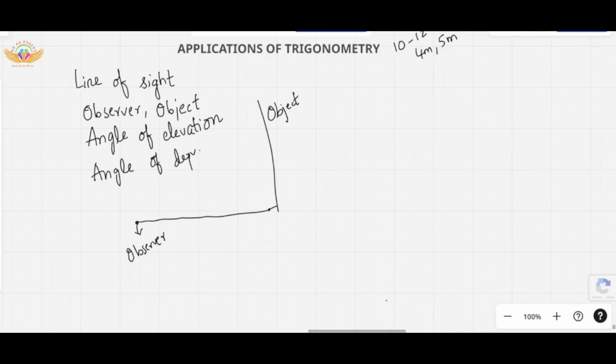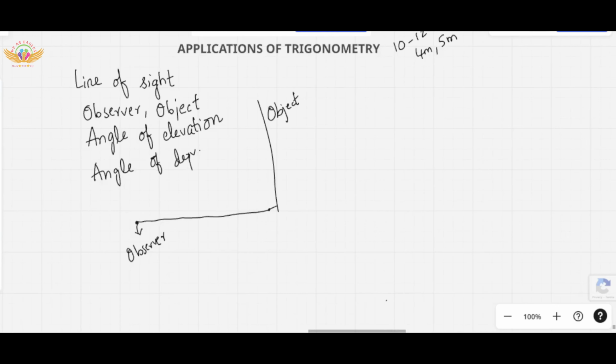So from here to here he's watching the top of the tower. This line joining the observer's point to the object's point is called the angle of elevation.